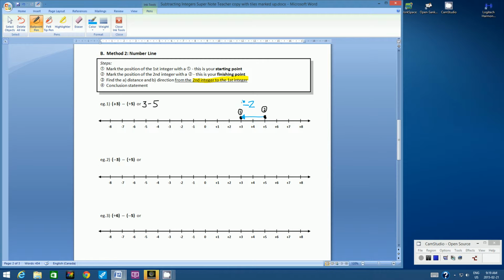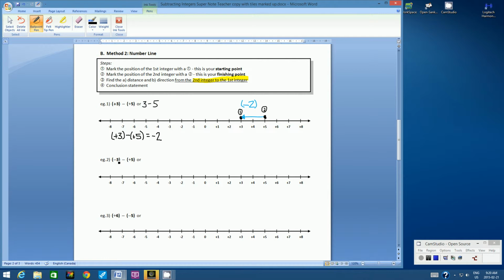So I want you to put that answer right above the number line to show me your answer. And then finally, a conclusion statement. Pretty easy. All right, so positive 3 subtract positive 5 equals negative 2. Okay, pretty easy method, right?